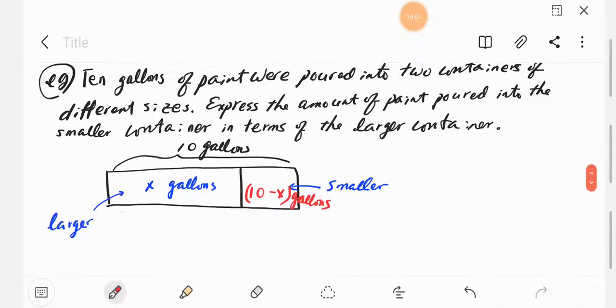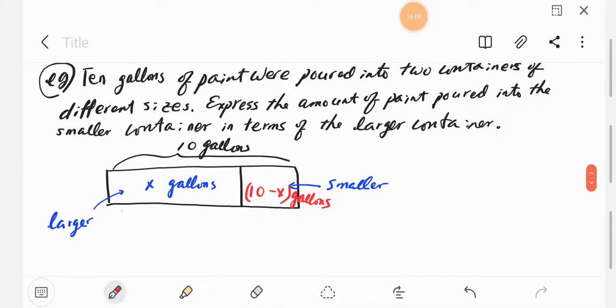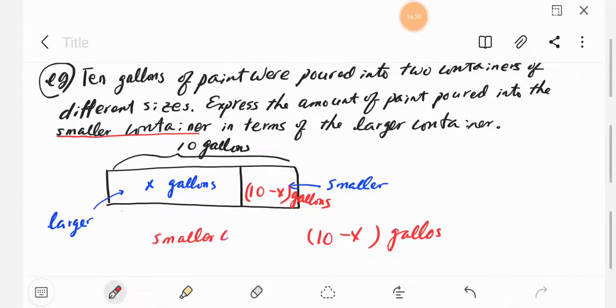So if we express the amount of paint poured in the smaller container, the smaller container contains 10 minus x gallons. Okay, that's it.